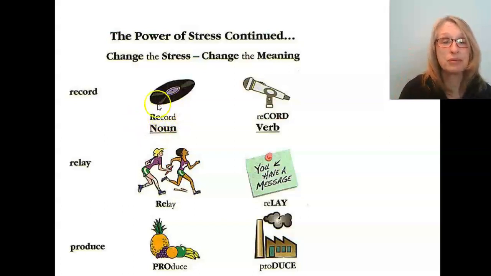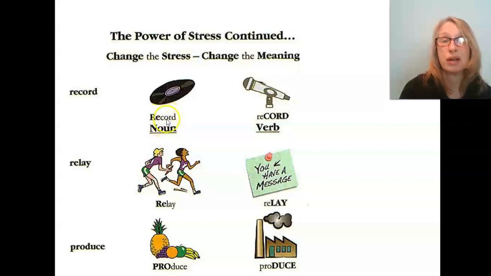So for example, record, record, record, record. These vowel sounds change. Re, like red, and re, like wood, and cord, like purple.